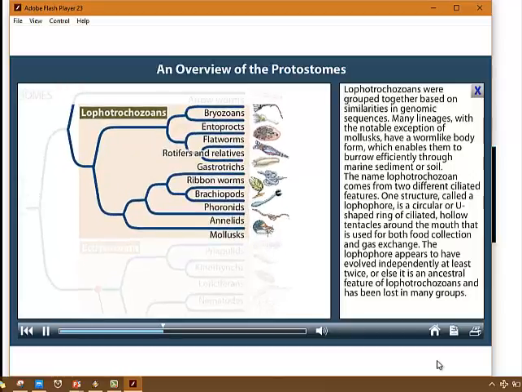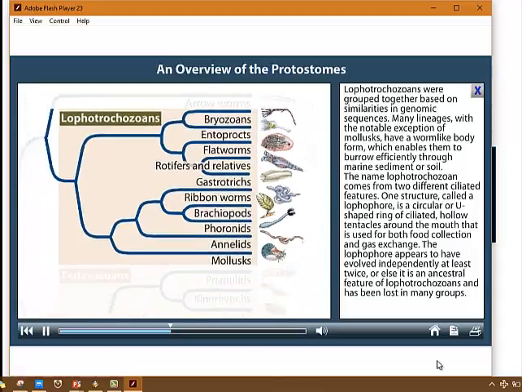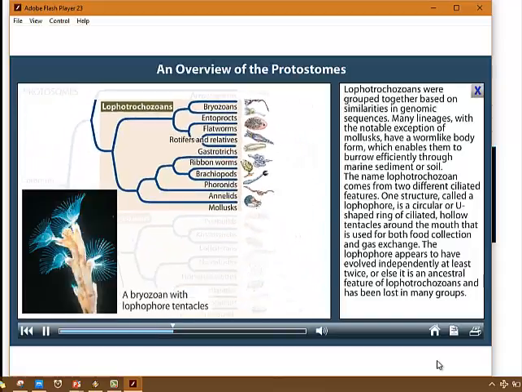Many lineages, with the notable exception of mollusks, have a worm-like body form, which enables them to burrow efficiently through marine sediment or soil. The name Lophotrochozoan comes from 2 different ciliated features. One structure, called a lophophore, is a circular or U-shaped ring of ciliated, hollow tentacles around the mouth that is used for both food collection and gas exchange.